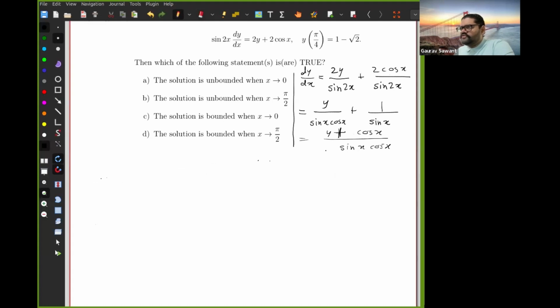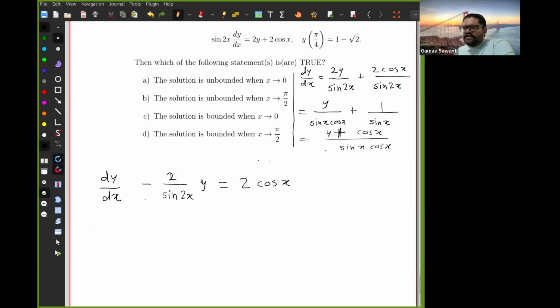Let me write this in terms of dy by dx minus y over sin x cos x, equal to twice cos x. Let me keep it this way, converted in this form.